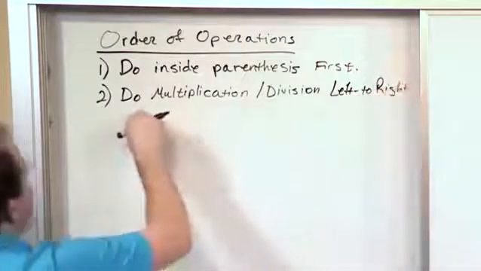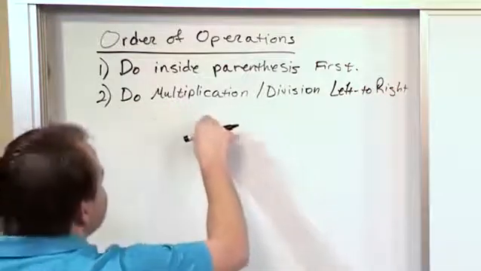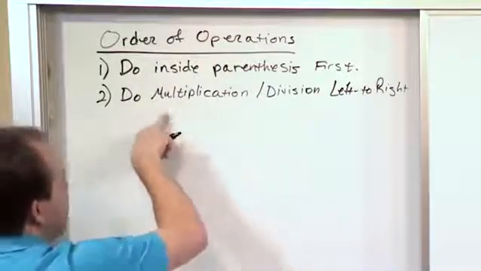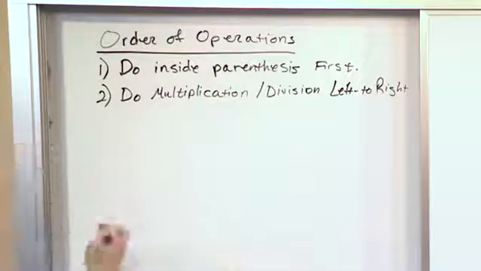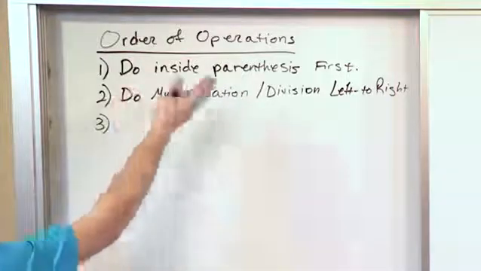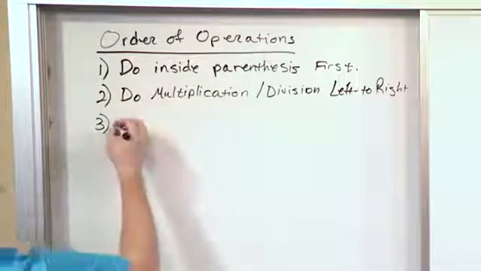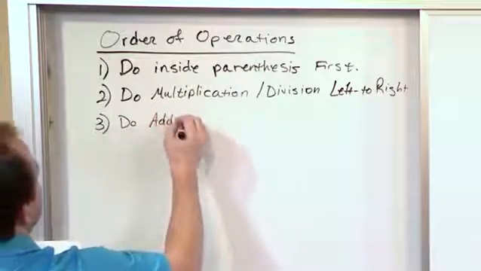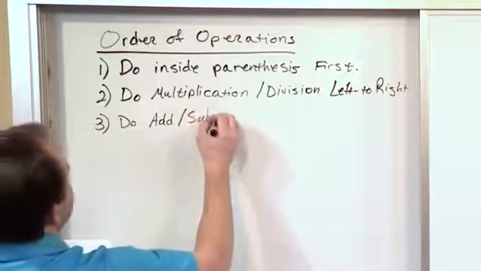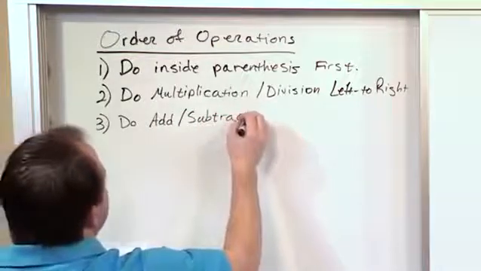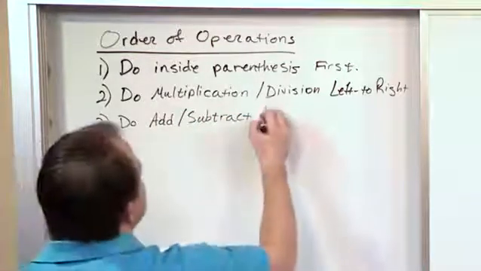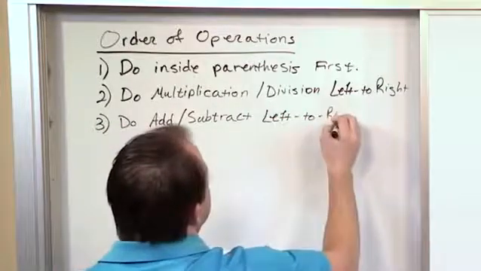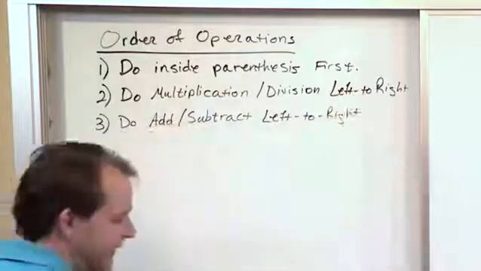What this means is if you have 2 times 2 divided by 6 times 5, then you're doing multiplication and division as you read left to right across the page. All right? And then the last thing is, and there's only 3 rules, so this is the third one, the final thing you want to do is you want to do adding and subtracting. You want to add and subtract left to right. All right, so that's the basic idea.